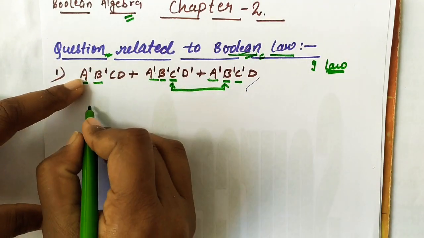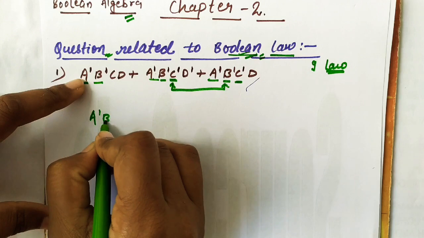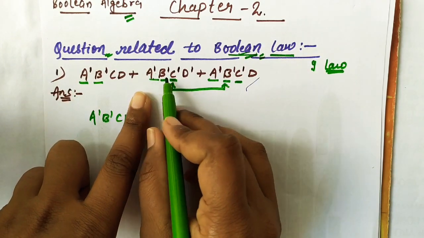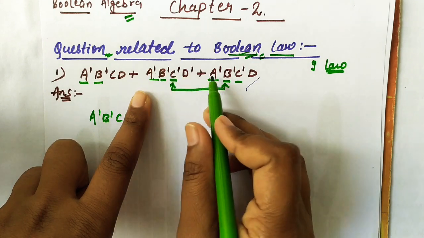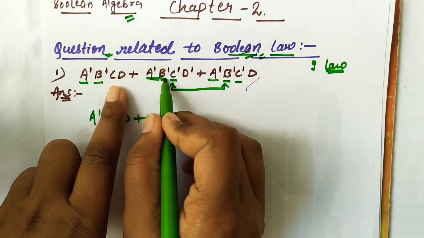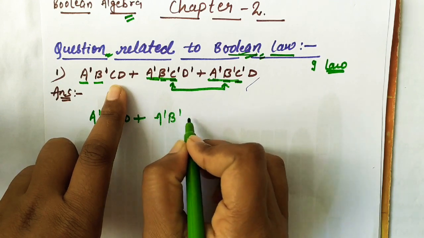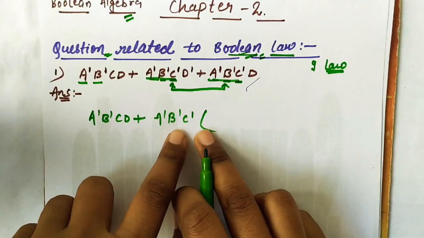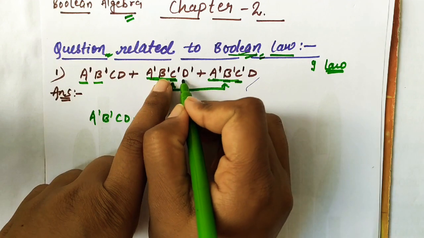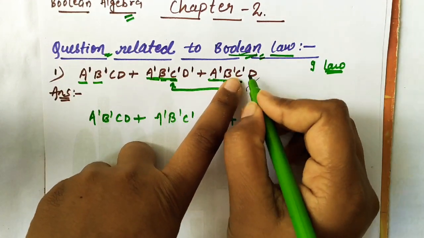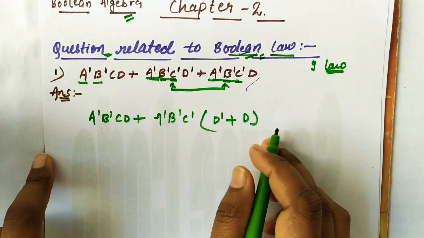Firstly write this term as it is: a' b' c d. Then take the common value a' b' c' from the other two terms. What is the value left? The value left is d' plus d.